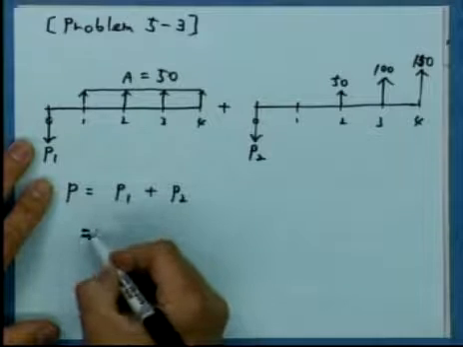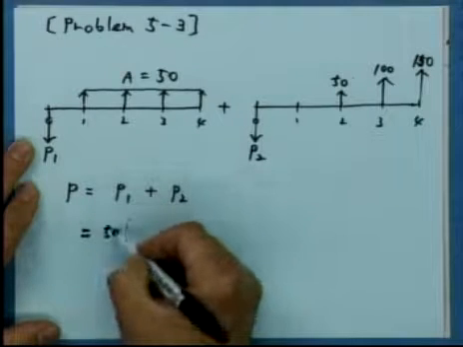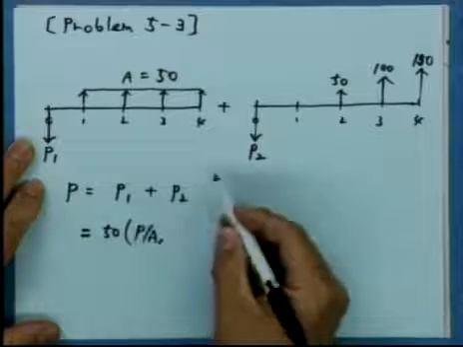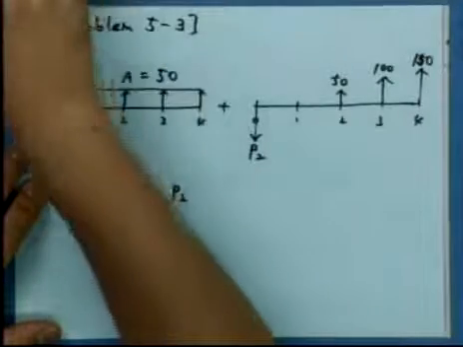P sub 1 is 50 times P given A. What is the interest rate?